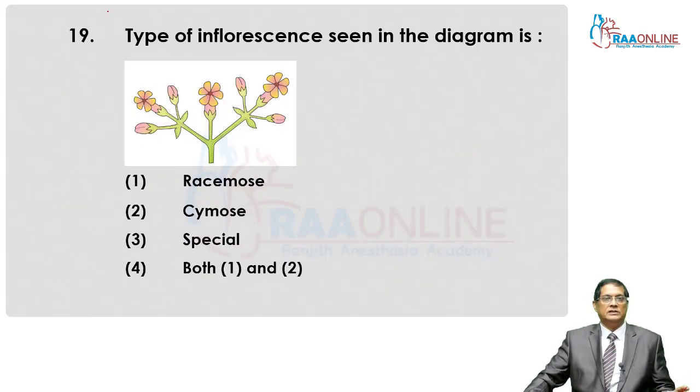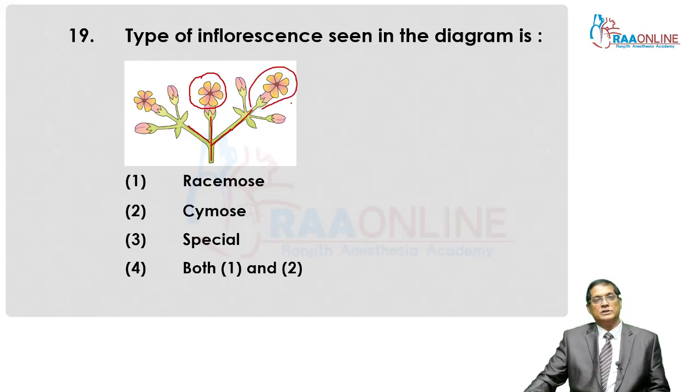Now 19th, what is shown by this figure? See this. This is the main axis or floral axis. The growth of the main axis is stopped due to the development of a terminal flower. It gives branches and they also terminate into flowers.